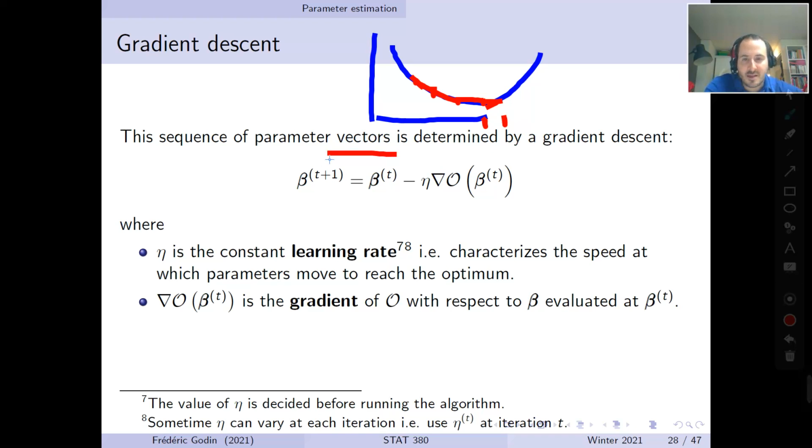Here in this approach, eta is the constant learning rate, which is typically decided before we run the algorithm. So this eta is often considered a hyperparameter, which we should tune in practice. We should try many values.